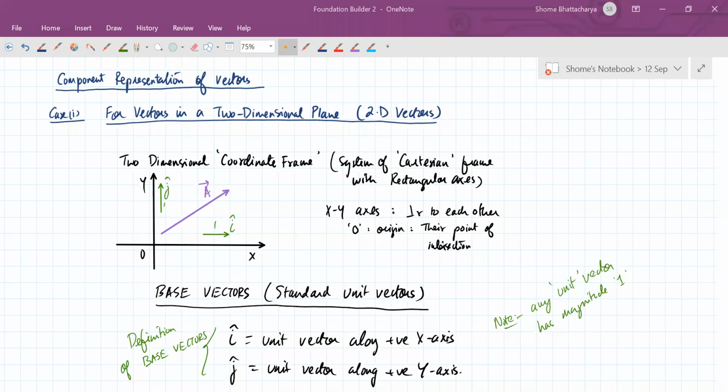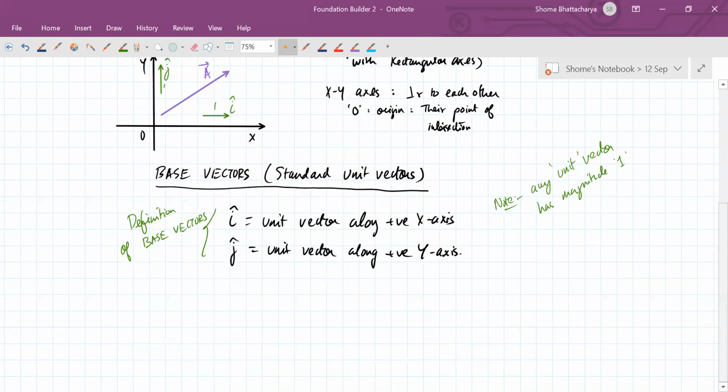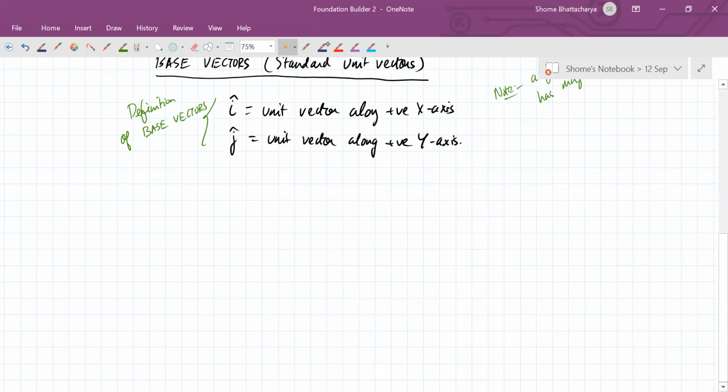Okay, so now once we've defined the unit vectors, next thing we do is we learn how to represent a vector in component form.